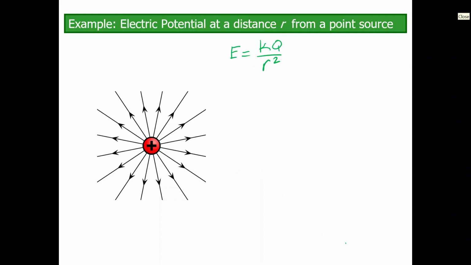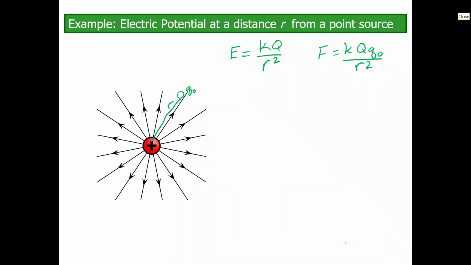We know that the force, if I was to put a test charge q0 at that radius of r, would equal k q q0 over r squared. So you're just adding that in.